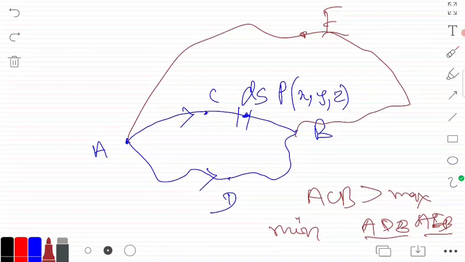There are three possible paths in light going from A to B: one via C, one via E, one via D. ACB is your actual ray path, and AEB and ADB are your imaginary ray paths.